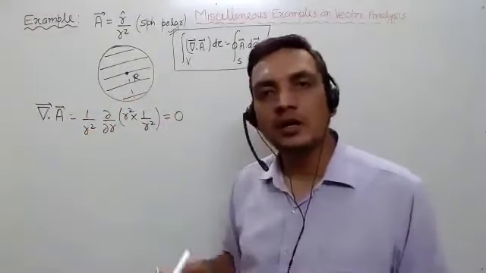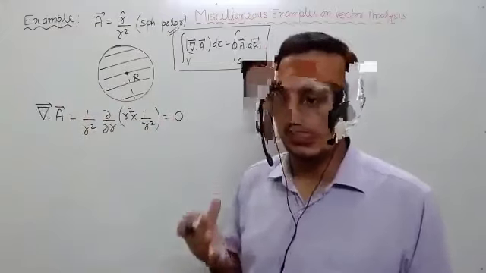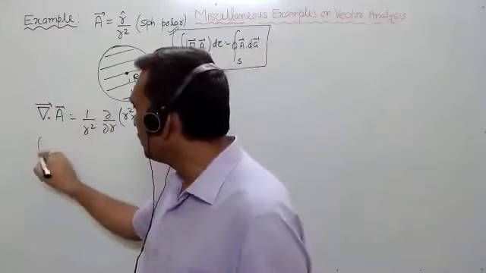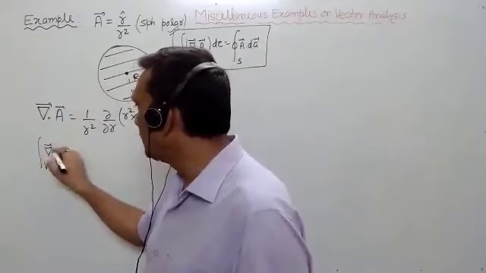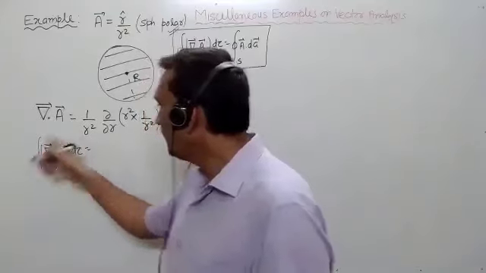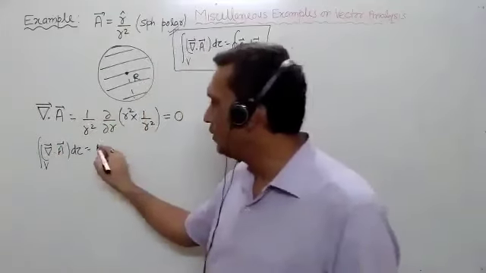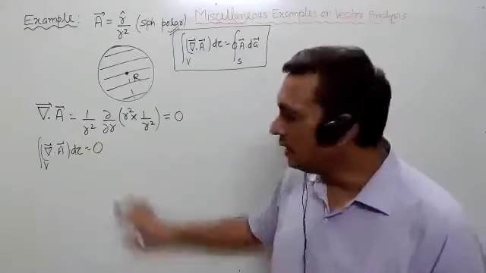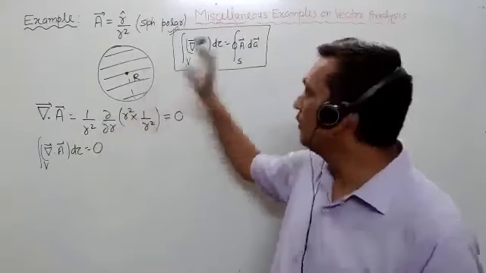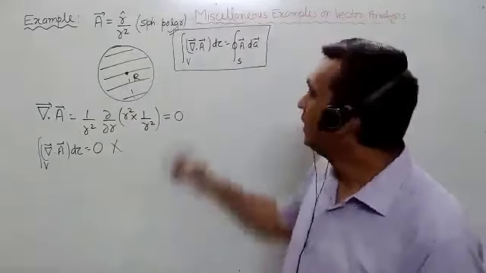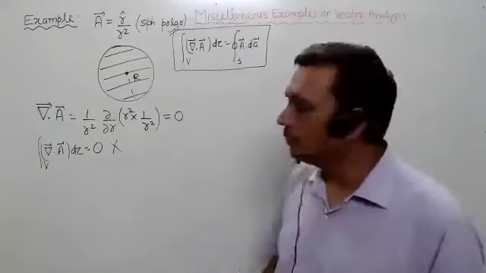Whenever divergence or curl is 0, that may be a special case, because mathematically divergence of A is 0. So if you write divergence of A d tau, let's say in objective question, if you have calculated only this value, divergence of A, you will write divergence A is 0. But in these case, always check for right hand side. Don't write directly 0. Check for the right hand side also.